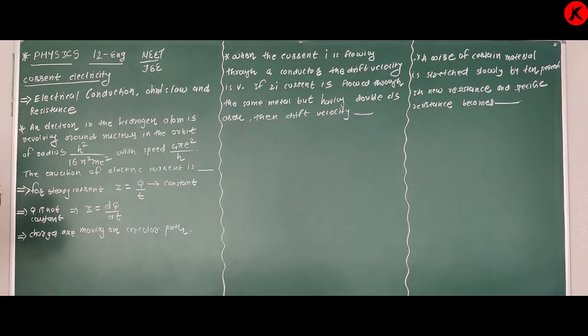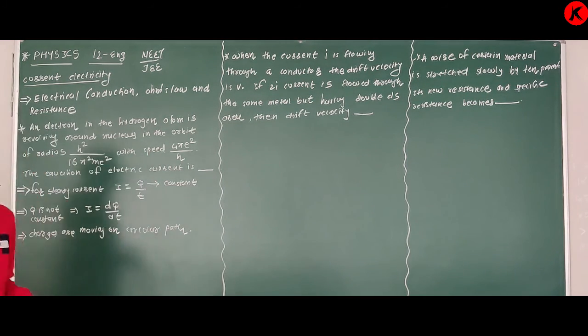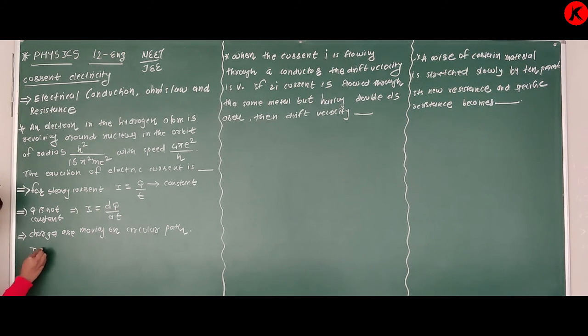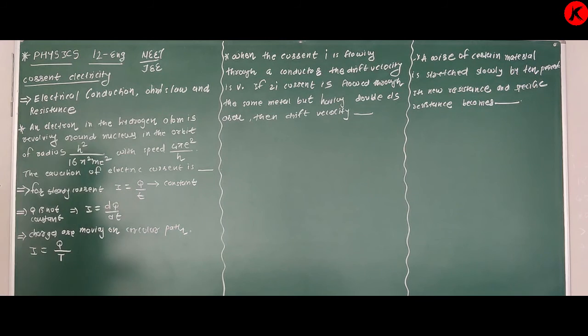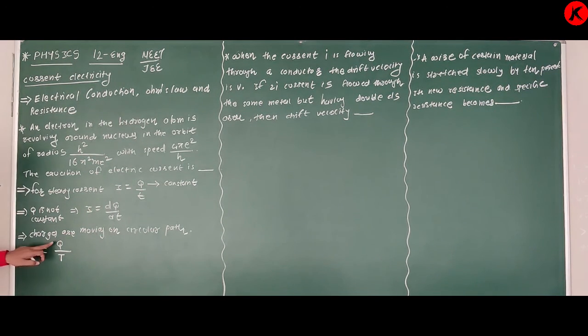See, in such cases, whenever charges are flowing on a circular path, I will modify this equation: I is equal to Q upon T, where capital T is the time to complete one rotation, that is the periodic time.